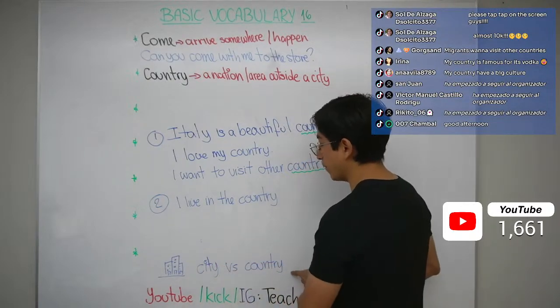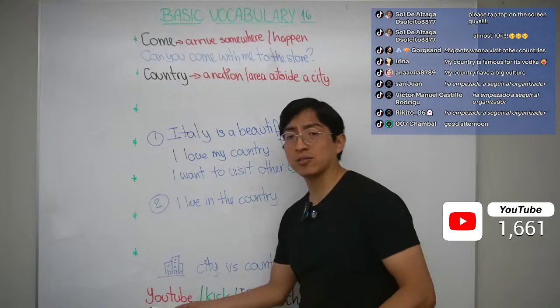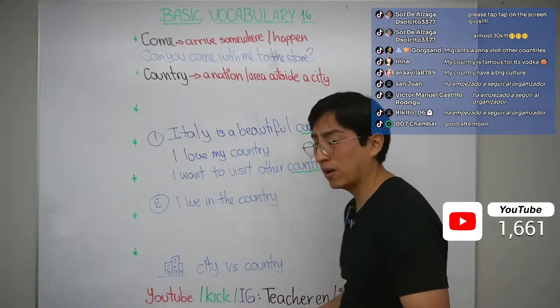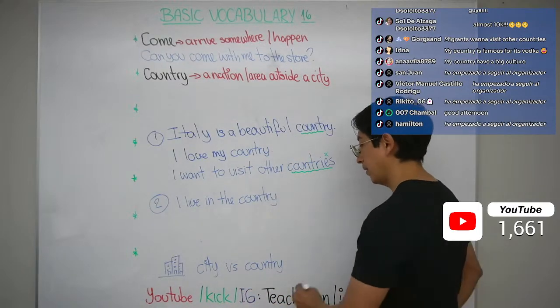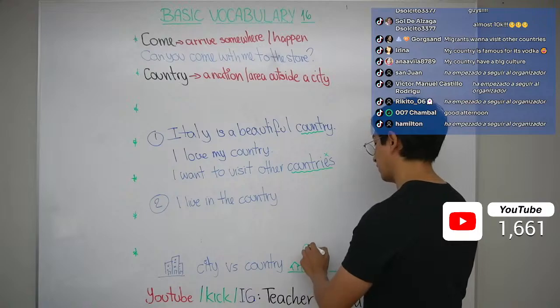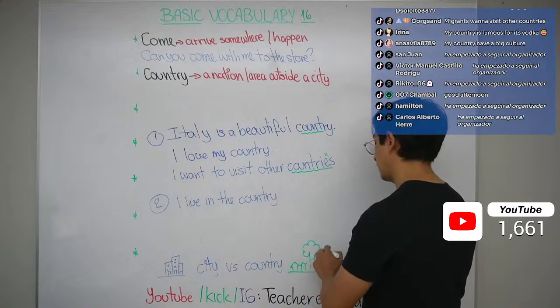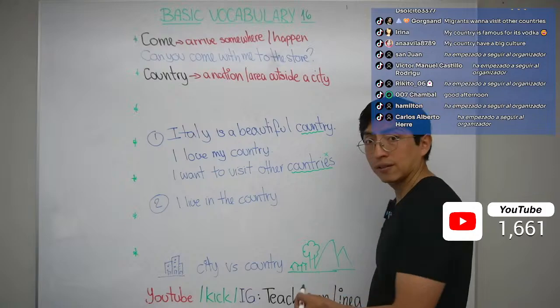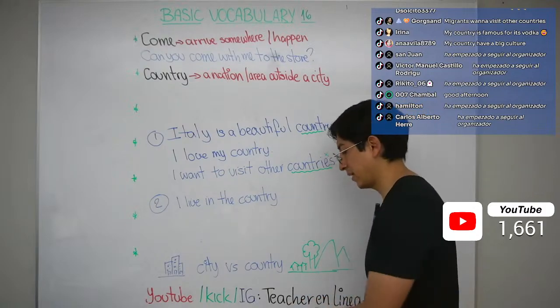Okay. What about in the case of the country or the countryside? What do we have here? Well, we have small buildings, no? There are small towns. There are a lot of trees, right? And there are a lot of mountains. So this is the country, yes?